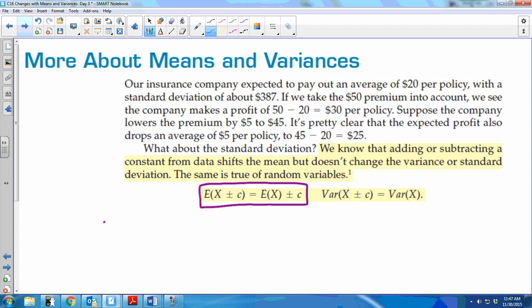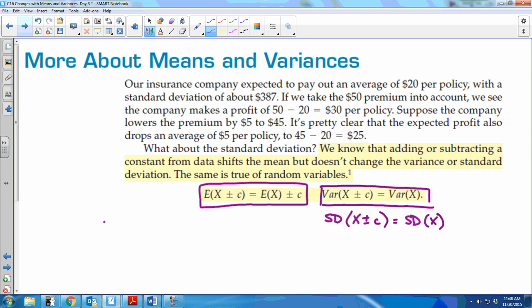Now, we've been talking about variances instead of standard deviation. The variance is just the standard deviation squared. So it says here that if we add a constant to the random variable, we don't add it to the variance. I could make up a rule that if you add a constant, you don't add it to the standard deviation either.